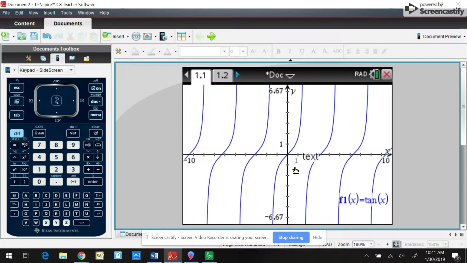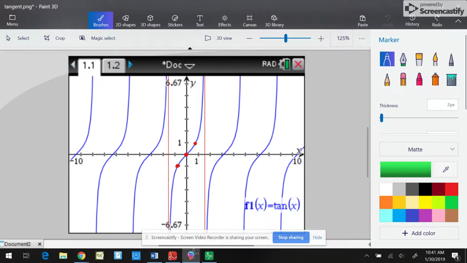And with this picture, I've highlighted a couple things about the graph of tangent. One is the asymptotes. What you're going to notice is that from negative pi over 2 to positive pi over 2, you have your basic period of the tangent graph. These are asymptotes. And actually, every pi, they will occur.